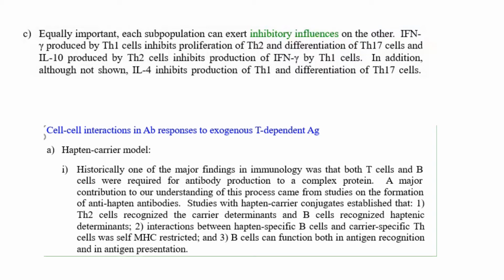Historically, one of the major findings in immunology was that both T cells and B cells were required for antibody production to a complex protein, a combination of B and T cells. A major contribution to our understanding of this process came from studies on the formation of the anti-hapten antibodies.